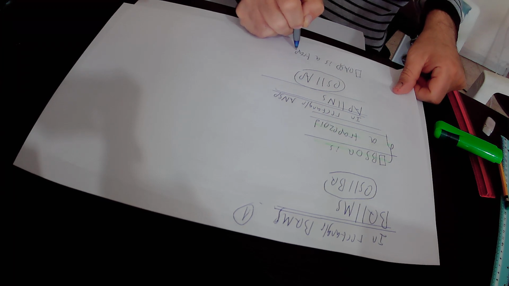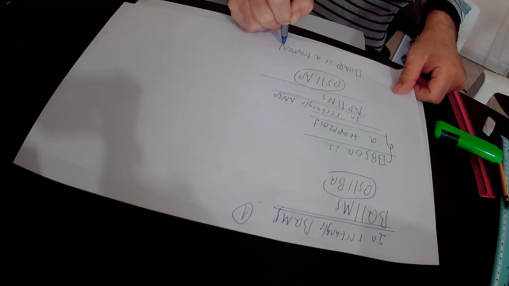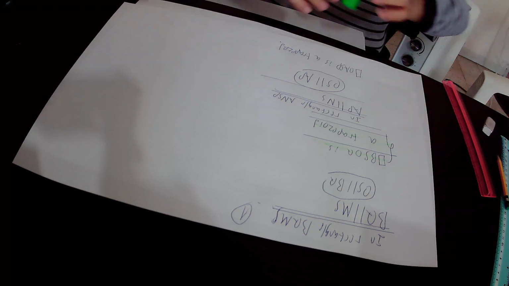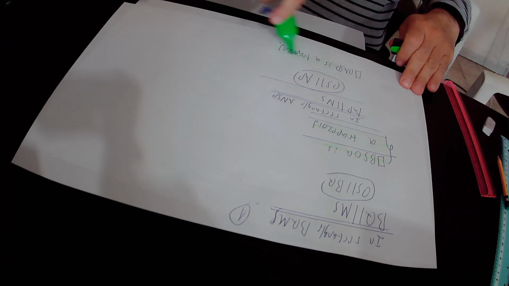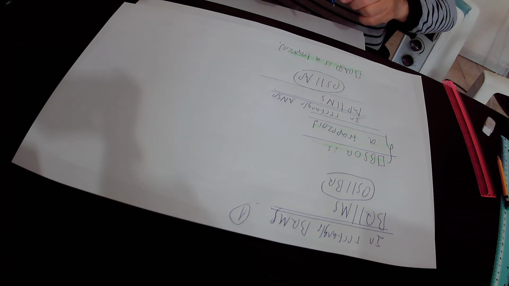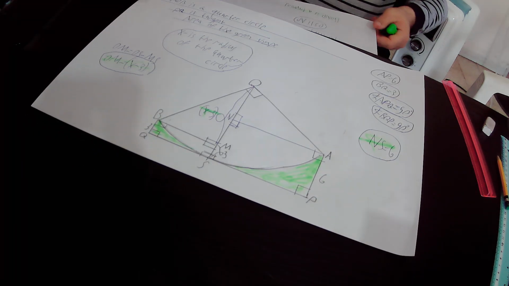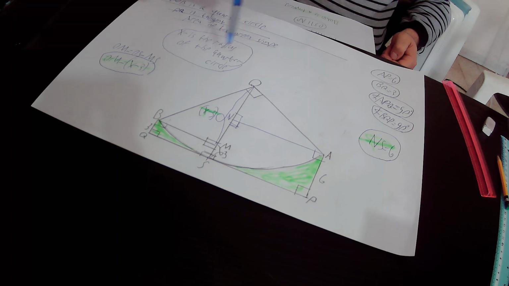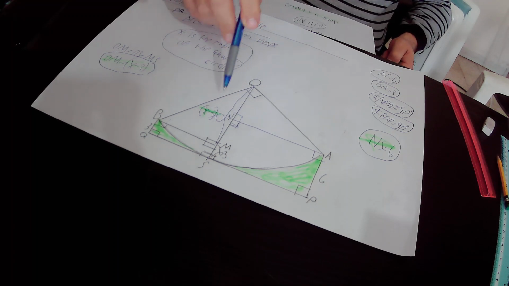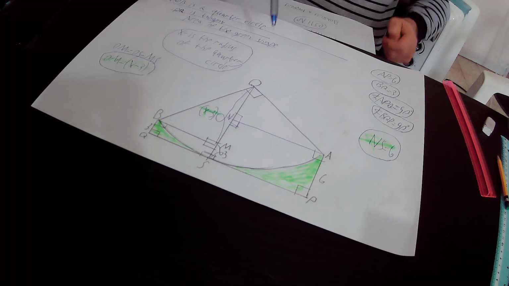Why? Because it has one pair of parallel sides. So we found out that quadrilateral OBQS is a trapezoid, and also quadrilateral OSPA is a trapezoid.